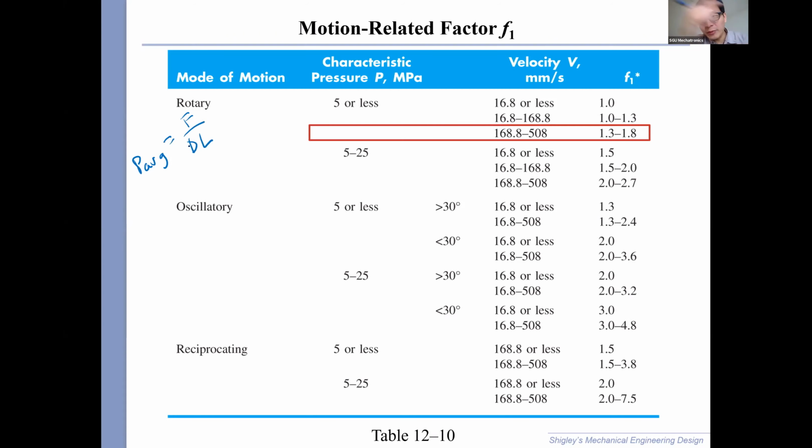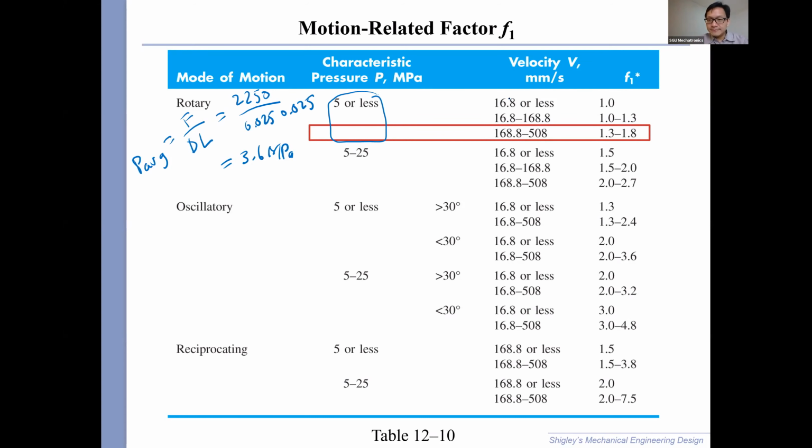Again, there is a formula in the earlier slide. P average is 3.6 MPa. So here we fall in this category, 5 MPa or less.